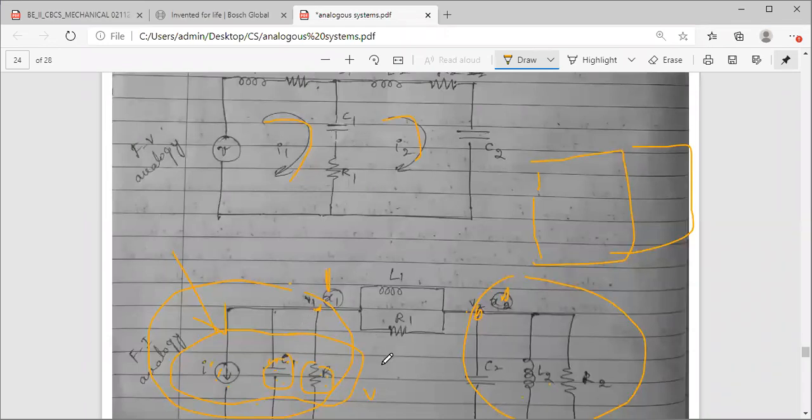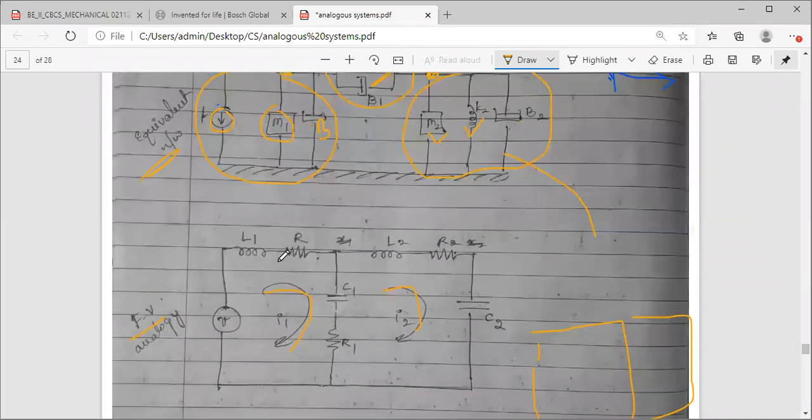So what I will do, no doubt what I am telling you, just ये जो तीन एलिमेंट्स हैं इनको सीरीज में लगा दो, but elements should not be taken as it is, because these elements are for force current analogy, but for force voltage the elements will differ. So let's see what are those elements.